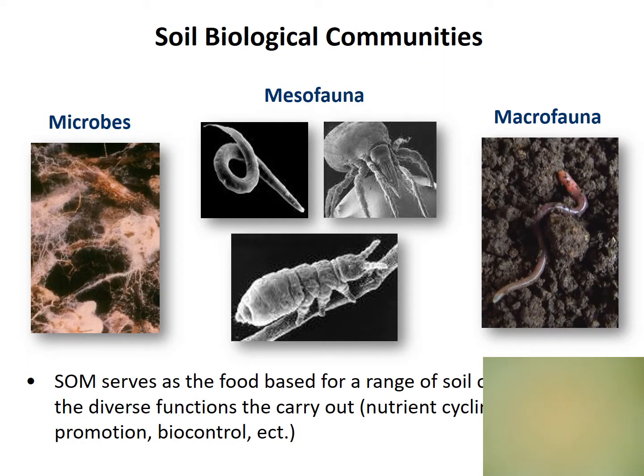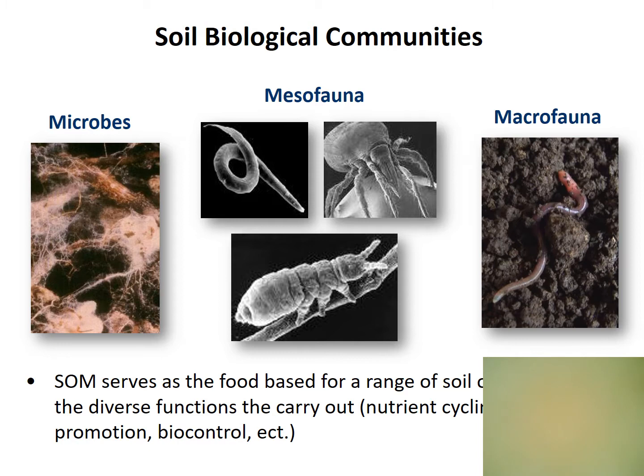Okay, so soil organic matter is also important for supporting these soil biological communities, which can increase the efficiency and use of our fertilizers and other forms of nutrients in the soil. So we all know that earthworms are good. Talked about that last year. But also, a number of studies suggest if you have more organic matter, you also tend to have more beneficial microbes, things like mycorrhizal fungi, which can help increase your nutrient recovery by plants.